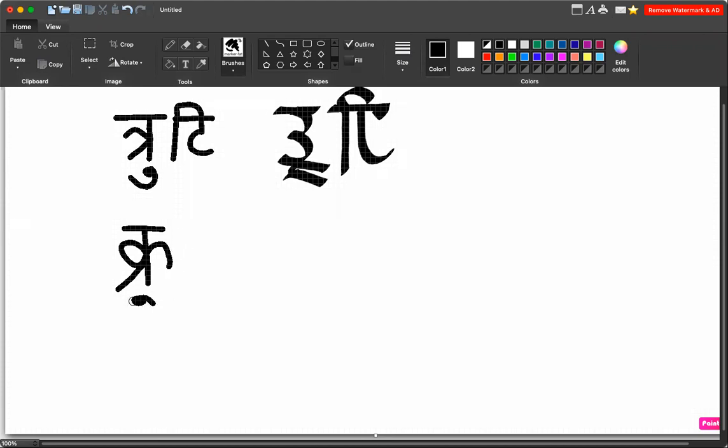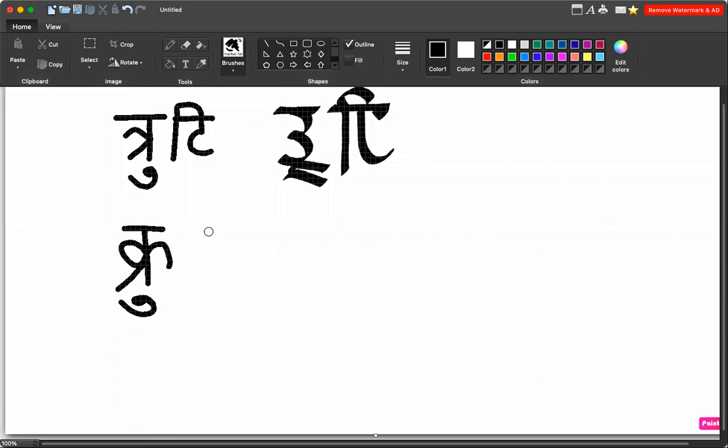Yes. So we've just done the small U, the Laghu U. We'll come to Krur also. It's the second rule of the R plus the Dirg U. I'll just write both these letters.